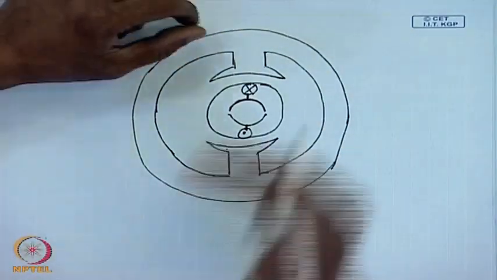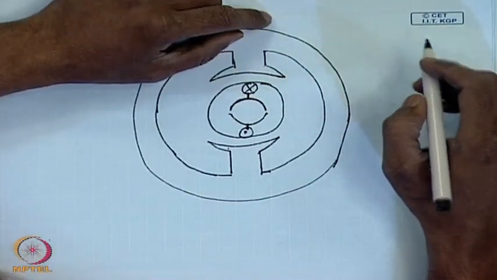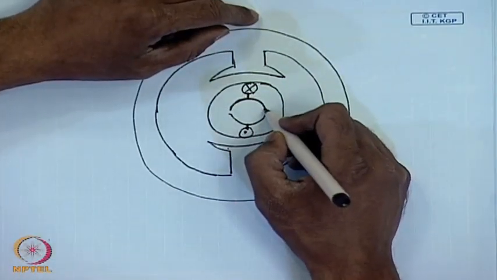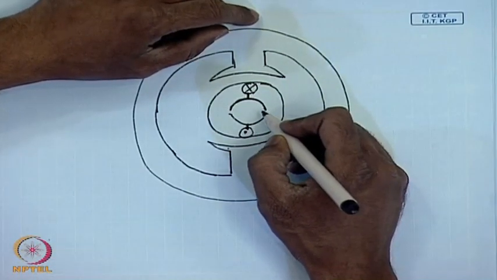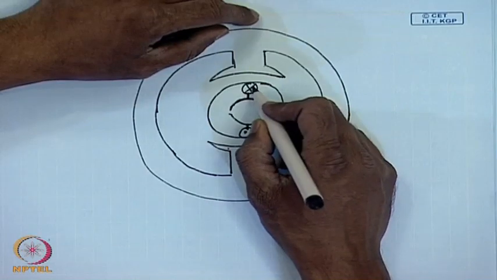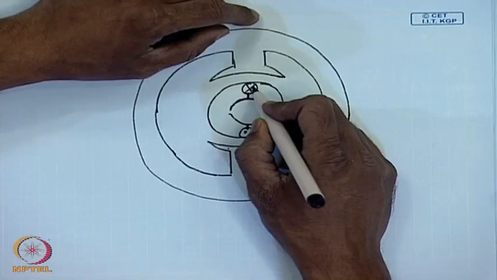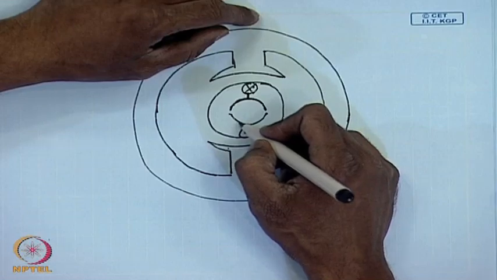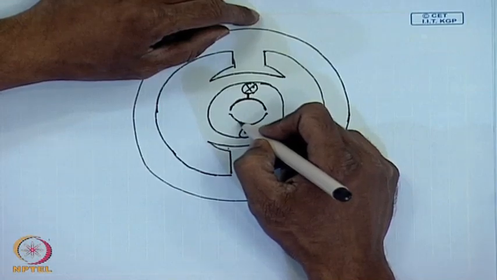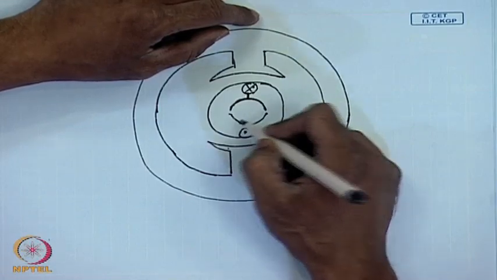Therefore, for half the cycle the brush should connect to one commutator segment, and the same brush should connect to the other commutator segment for the rest half.